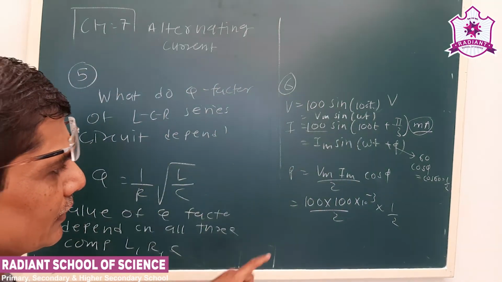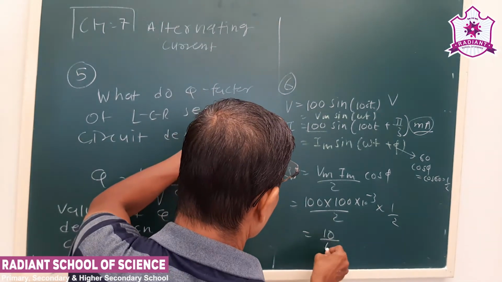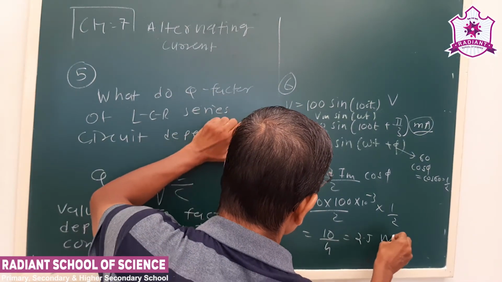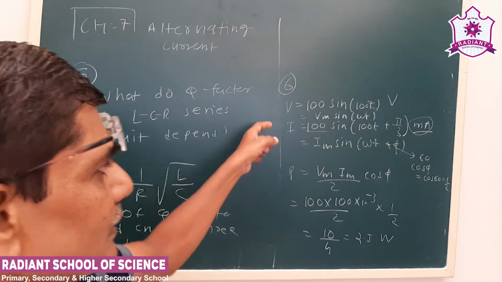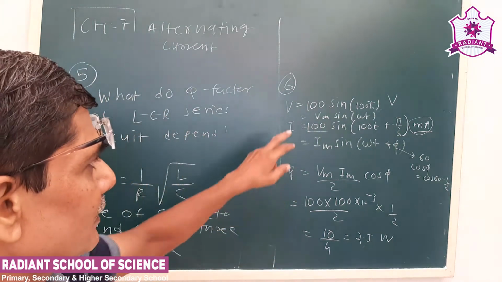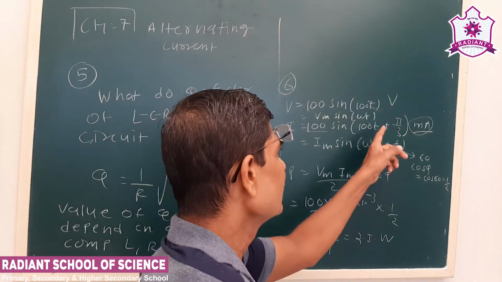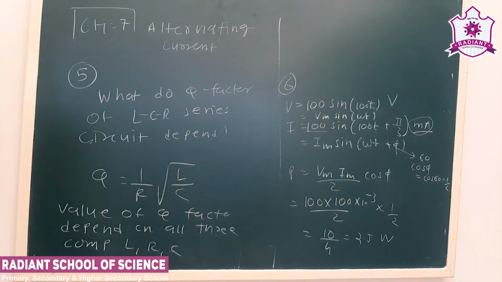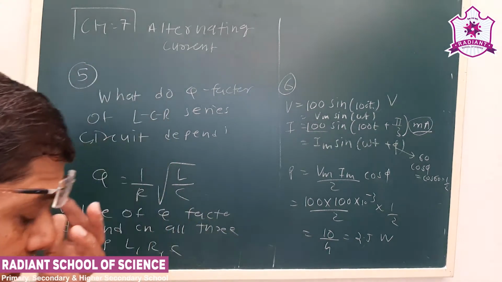Now 10 to the 4 into 10 to the minus 3, that will be 10 by 4. The power will be 2.5 watt. Here the voltage and current equations give the values of Vm and Im, and the phase difference is also given. So by using the formula Vm Im by 2 cos phi, we can obtain the value of the power.